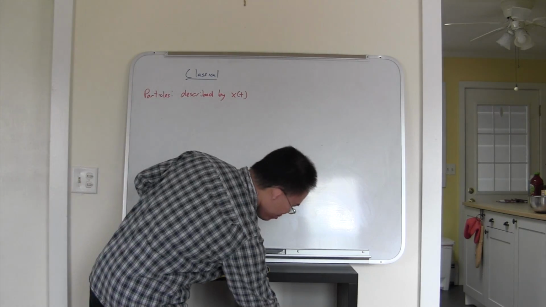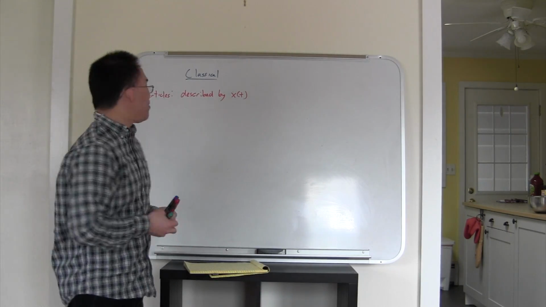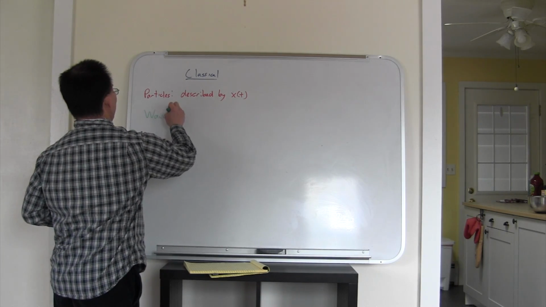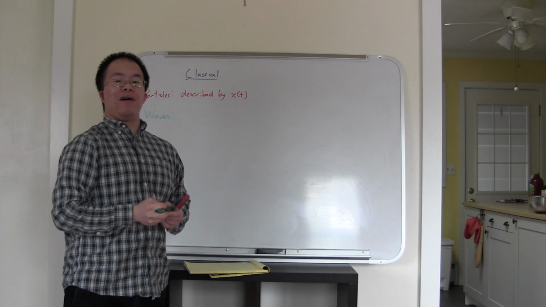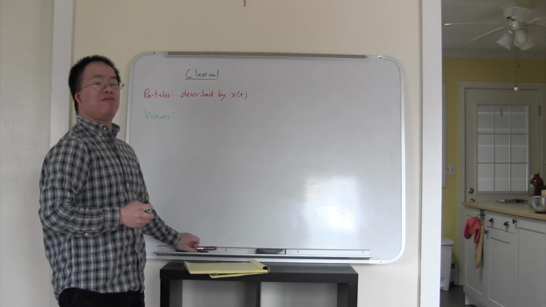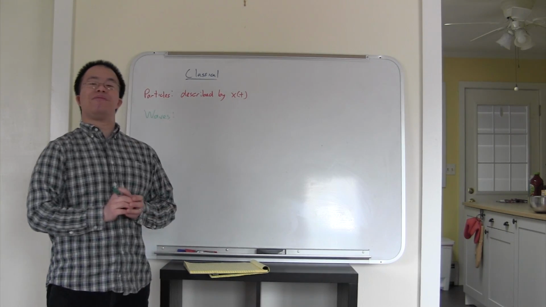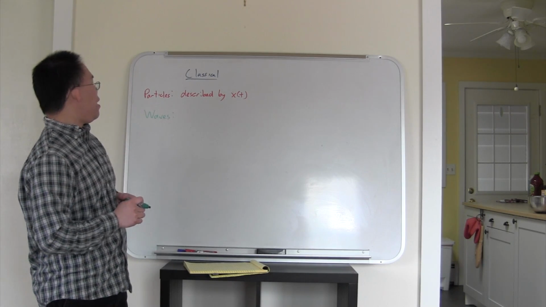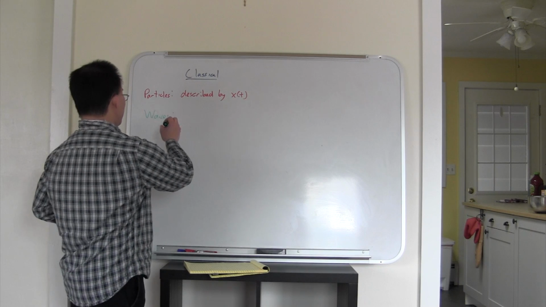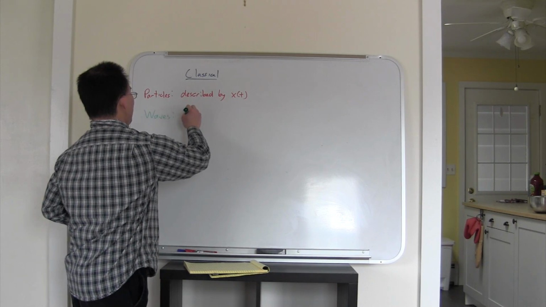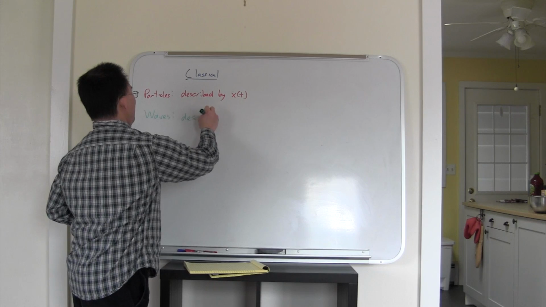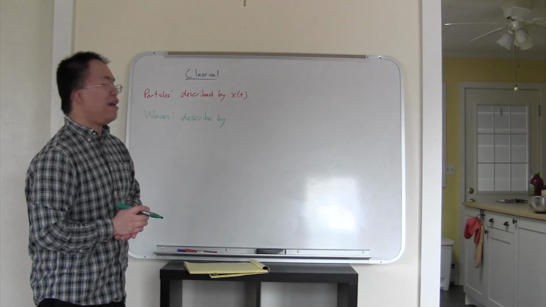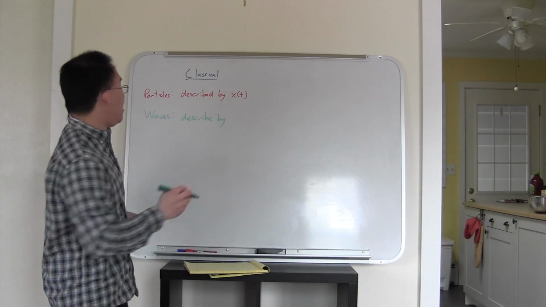So for waves, you learned about classical waves in Physics 217, and you learned how you can describe mathematically a wave in the following way. So you describe it by giving the displacement as a function of both position and time.